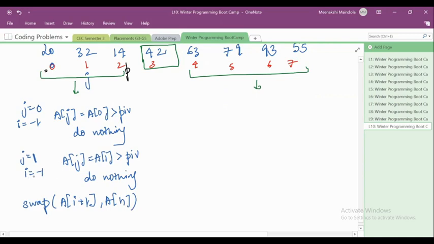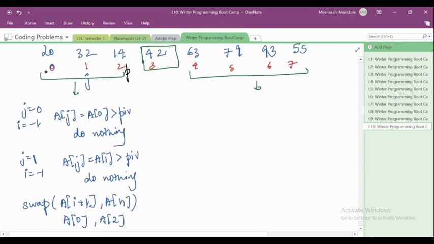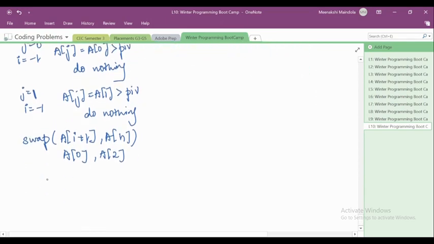So i is at -1 currently, so i plus 1 is going to become a of 0, and a of h here is going to be the index of this, which is a of 2. So now you swap 14 and 20. So what do you get? You get 14, 32 and 20.